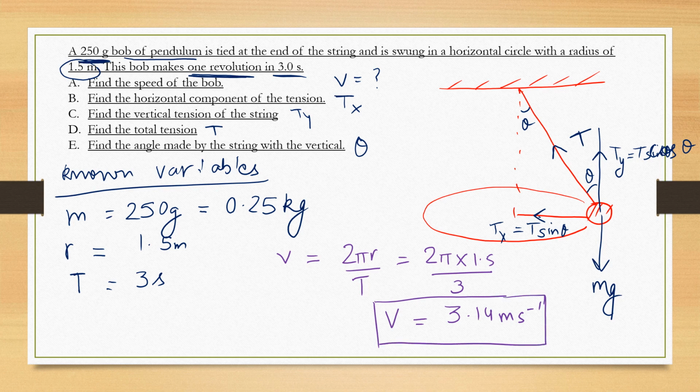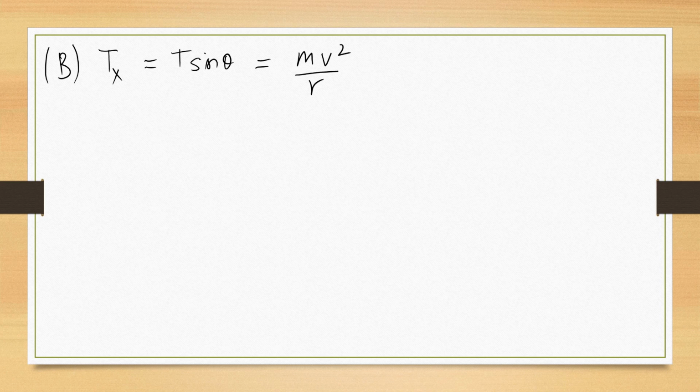The next part is finding the horizontal component of tension. Part B is to find the horizontal component of tension, which is T sin theta, and that horizontal component is nothing but the centripetal force. So what is that? mv squared by r.